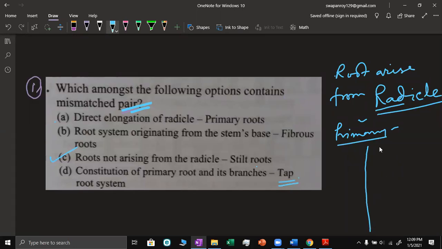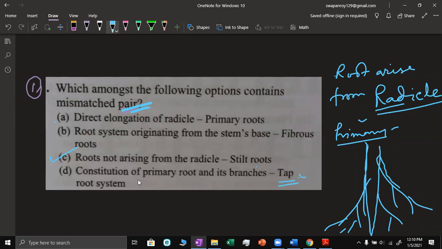In any taproot system you will get a main root, and from it there are secondary branches, tertiary branches, and different levels of branching. So this forms the taproot system.